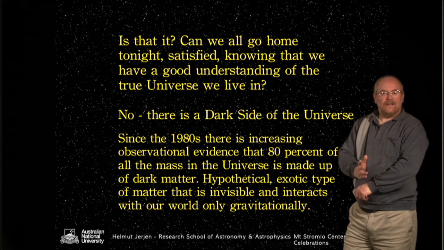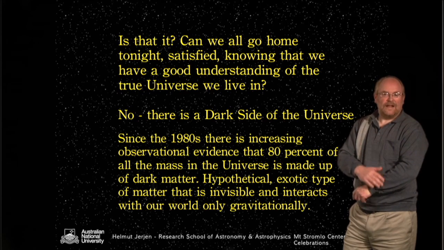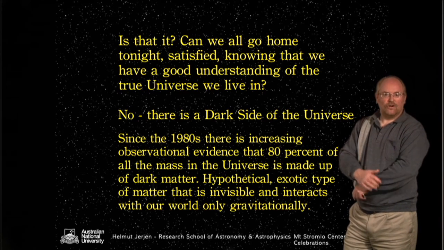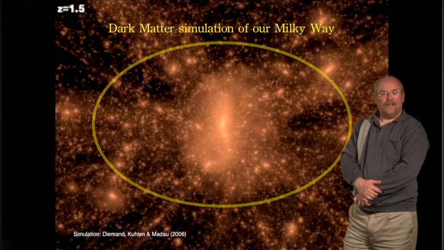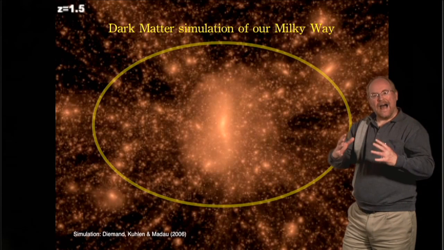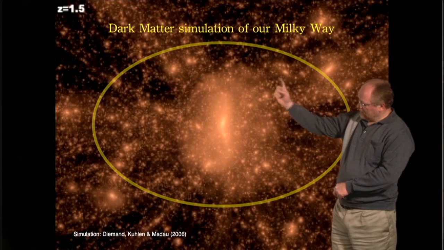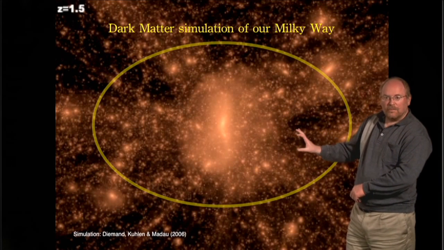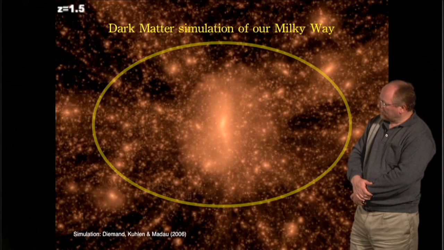It is in fact a very exotic type of hypothetical matter that is invisible and interacts with our own world only gravitationally. Now I show you here a little dark matter simulation of our own Milky Way, how the mass distribution of the dark matter is expected to be around the Milky Way. Let's have a look.